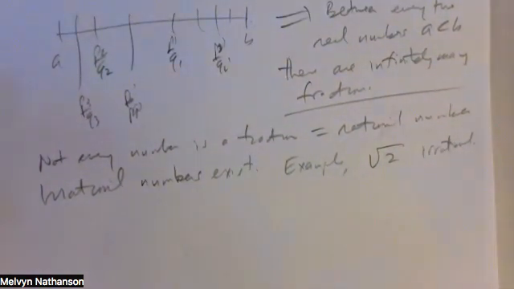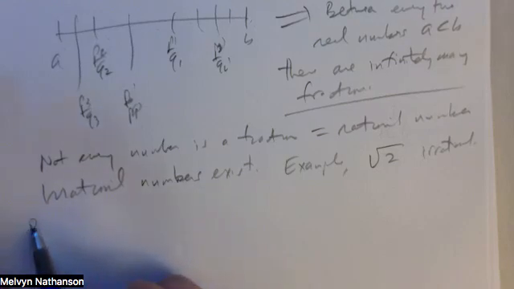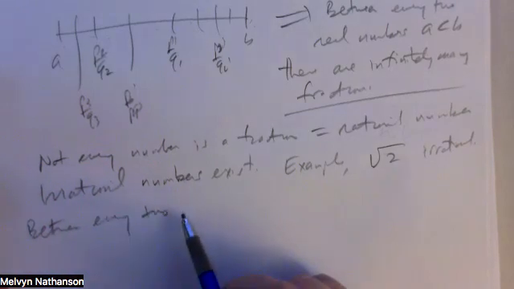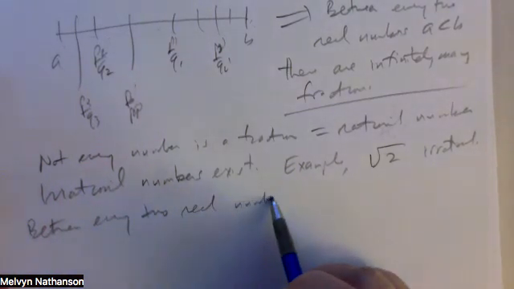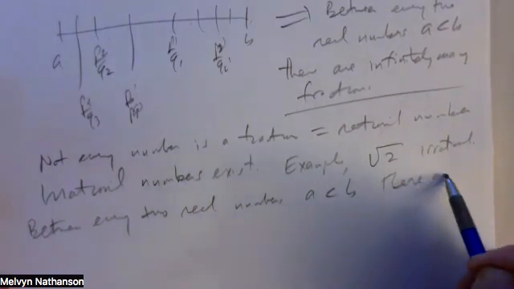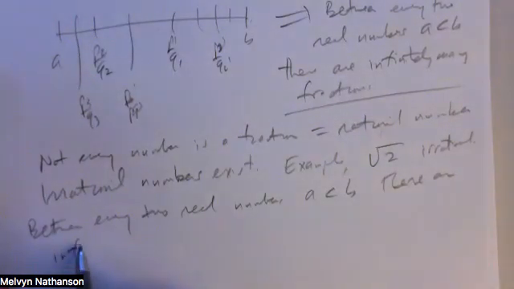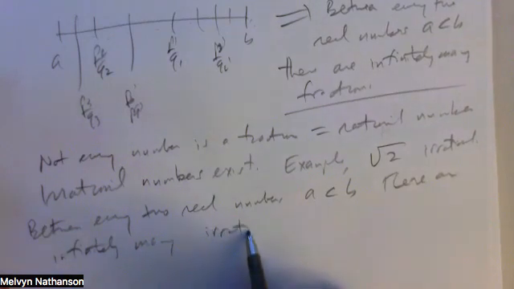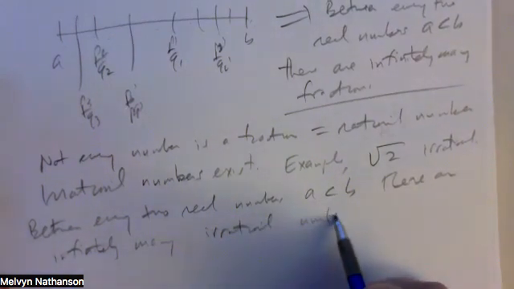And one of the things we learned early on was a proof that the square root of 2 is not a fraction. It's also true that between every two real numbers, A less than B, there are infinitely many irrational numbers.